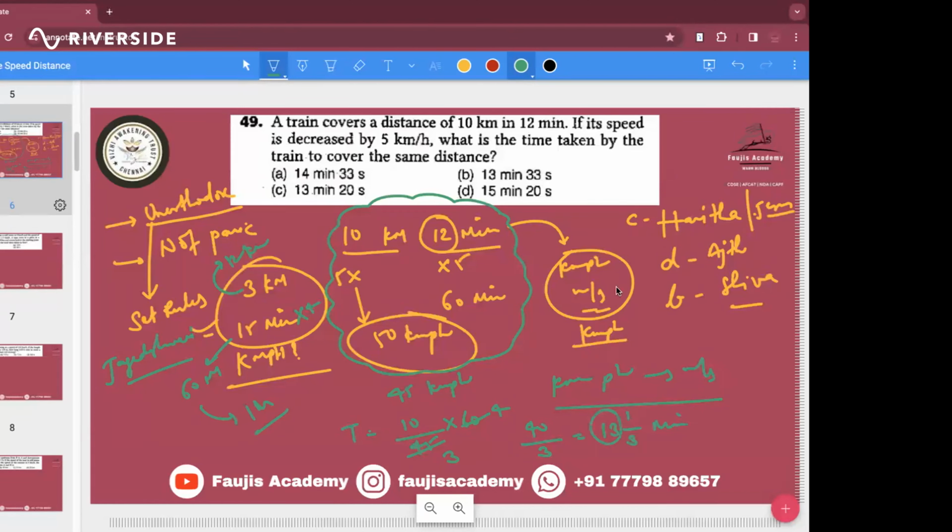Okay. And those who said B, Shiva, buddy, look carefully. 1 by 3 minutes means how much? 1 by 3 minutes means into 60, not 100, which will get you 20. Okay, 20 seconds.